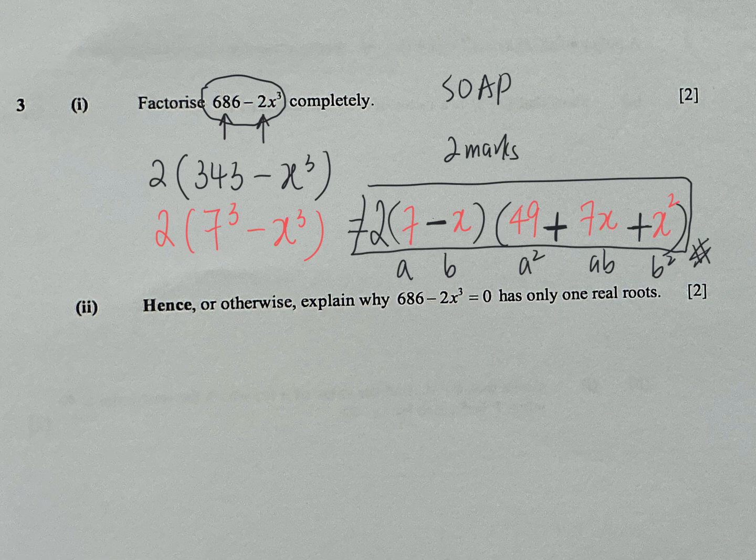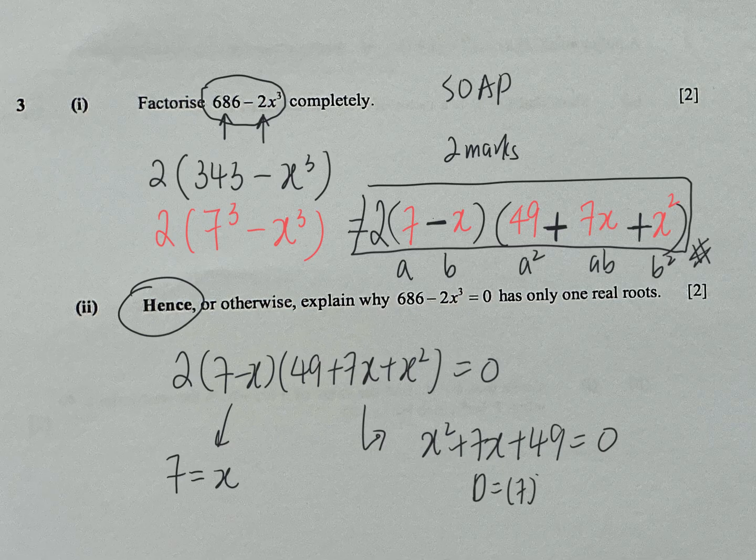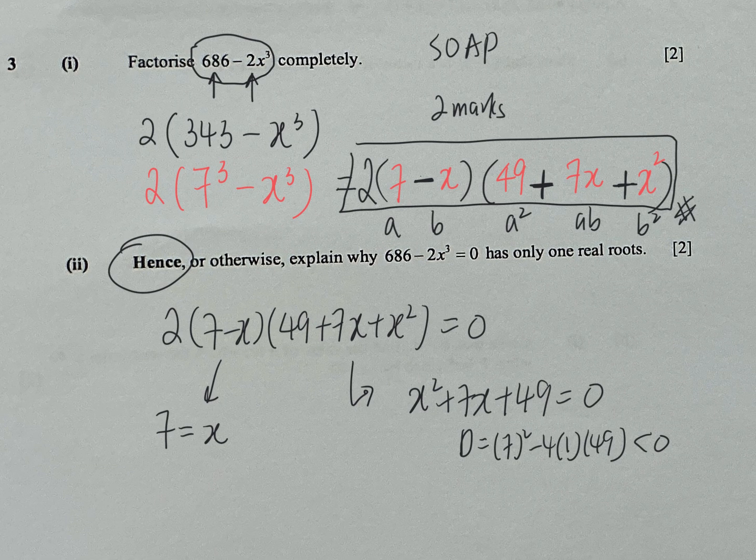Okay? Next, they say hence, can you solve this thing equal to 0? So just equate this expression to 0. So one solution is x equals 7. The other one is this thing. When you try to solve it, you realize the discriminant, b squared minus 4ac, is negative. So this part has no real roots.